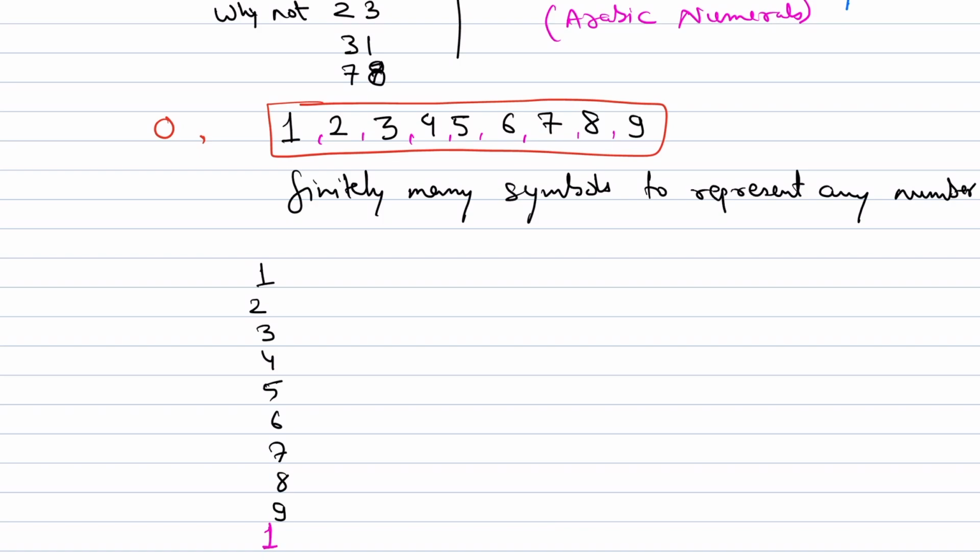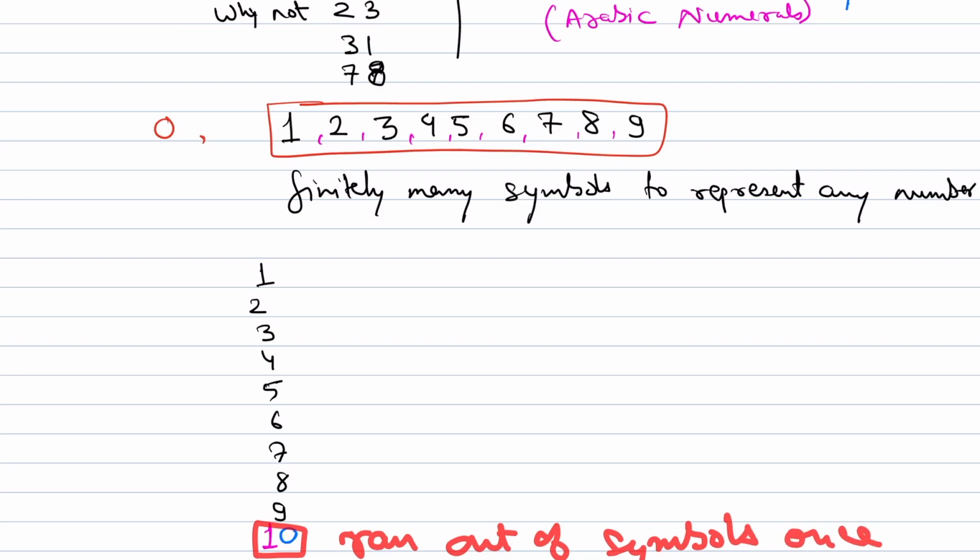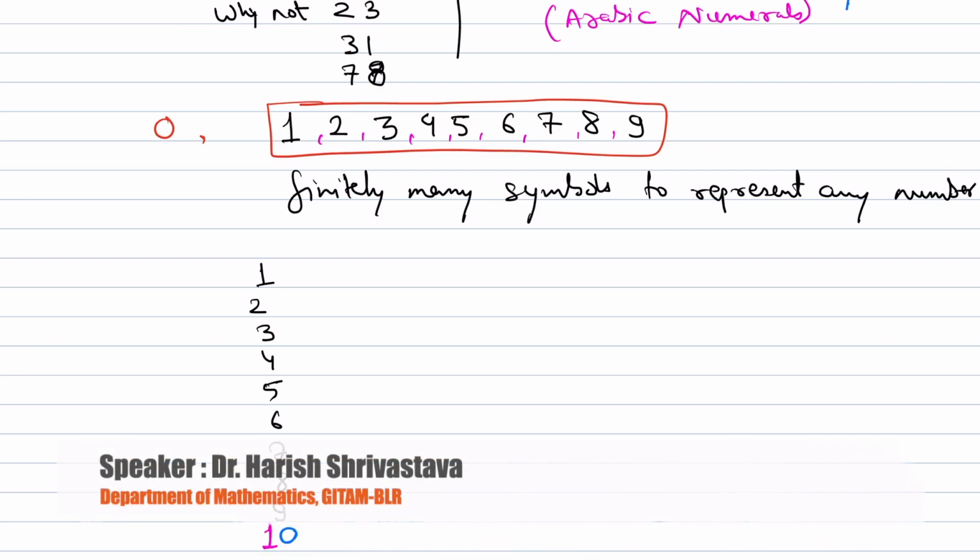Then the number 0, to differentiate between 1 and 10, so that it means I have run out of symbols once. Okay, so this is the reason I write 1 0.